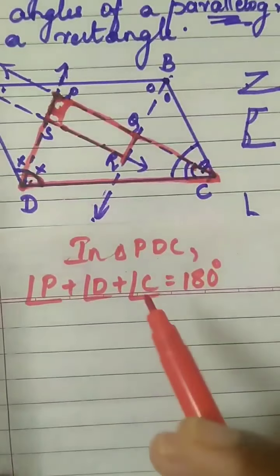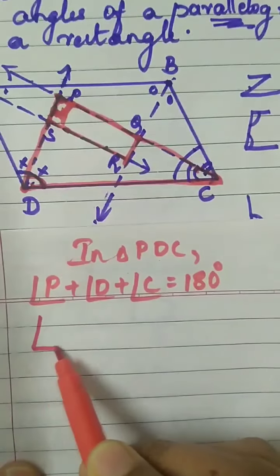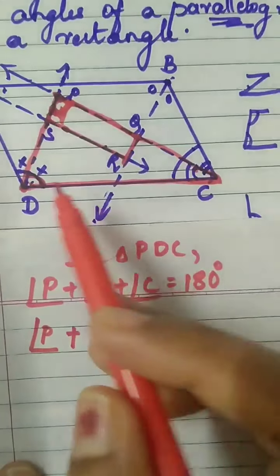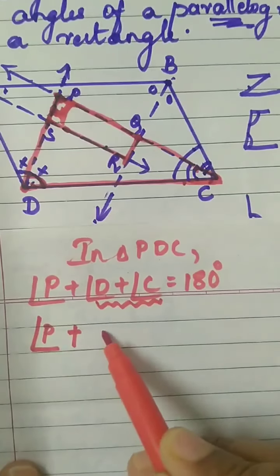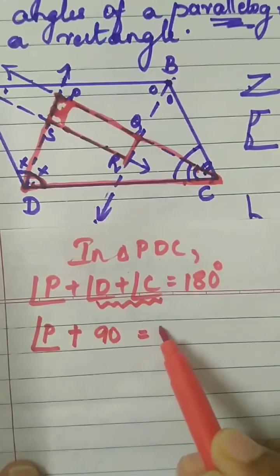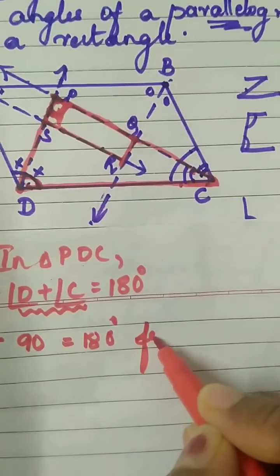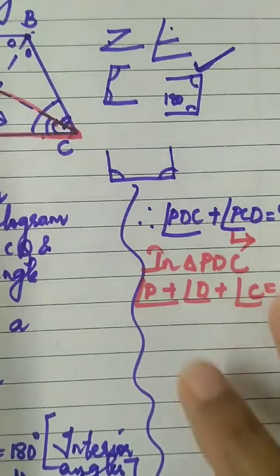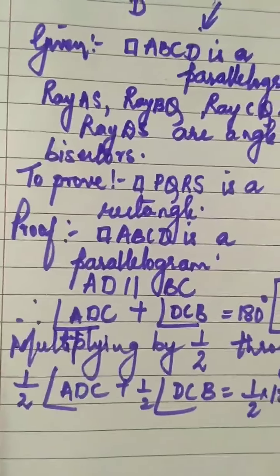Okay, so I'll solve the remaining sum like this. Angle P, we don't know. Angle P is this angle. Plus angle D plus angle C, how much did we get? These two added we got 90 degrees, equal to 180 degrees. From this step we had given a number; the remaining steps have no numbers given.